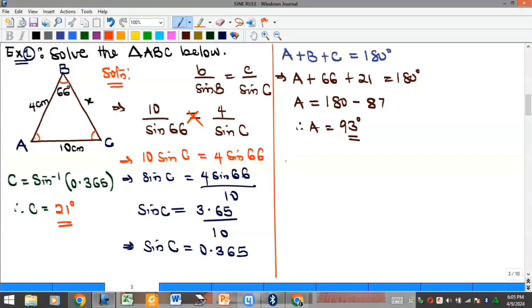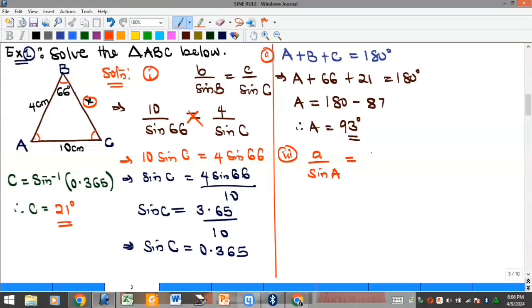So we can now use the sine rule. Maybe I call this my I and call this II, and let's take that the third one now is III. So here we are looking for side x, which is our small letter a. So we can now use small letter a over sine A as equal to any of these.